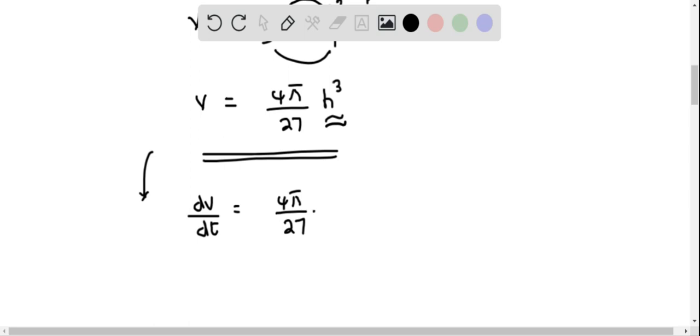We can apply the power rule first: we put the 3 in front and reduce the power by 1, that is 3 minus 1 is 2. So it becomes 3h squared. And then we apply the chain rule, which gives us dh over dt.